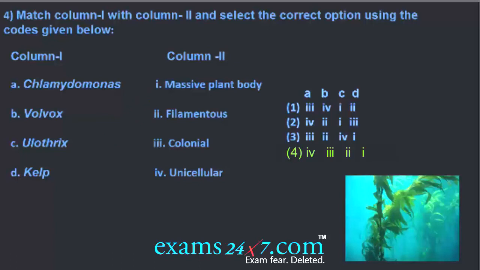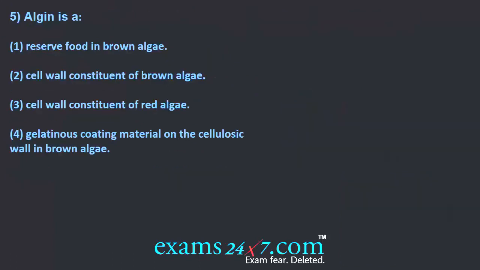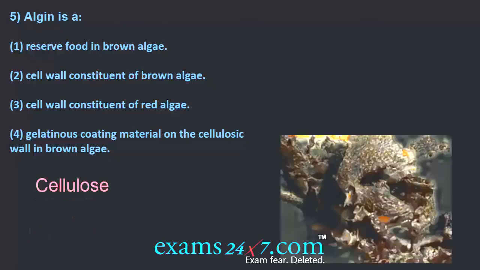Now, we move on to the next question. Algin is. So, what is given here? Reserve food in brown algae. I hope all of you know, reserve food in brown algae is mannitol and laminarin. Thereby, that is not an answer. Cell wall constituent of brown algae.